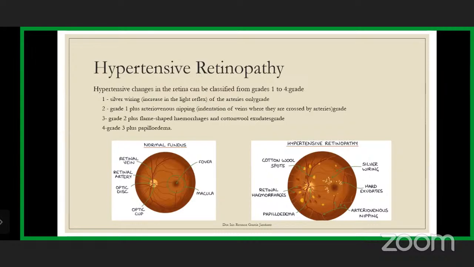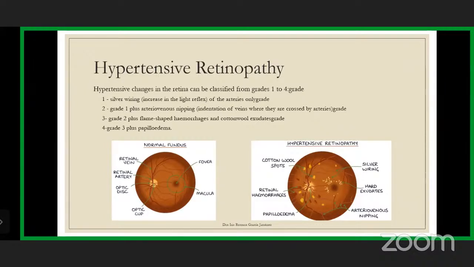Grade 2, grade 1 plus arteriovenous nipping, indentation of veins when they are crossed by arteries. Grade 3, plus flame-shaped hemorrhages and cotton-wool exudates. Grade 4, plus papilledema.